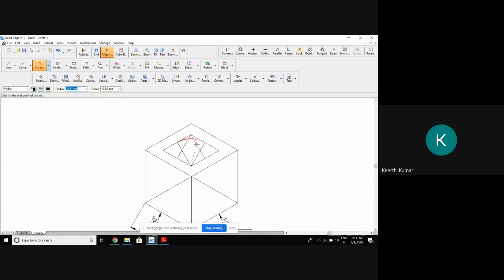Done? Okay. Similarly, you cut the arc from the other corner, the other line you have drawn. From here to here, cut an arc.